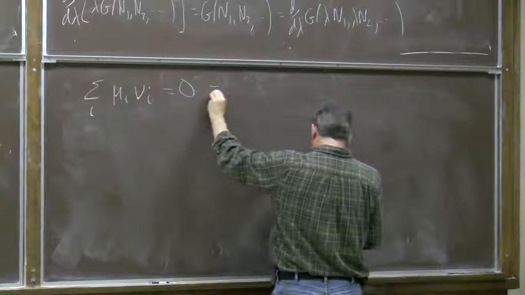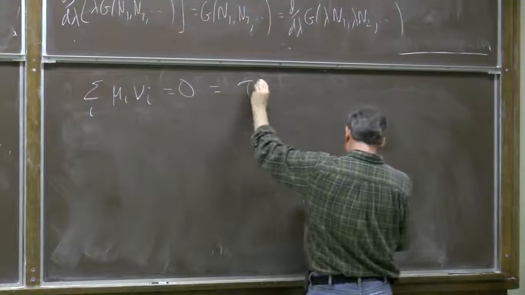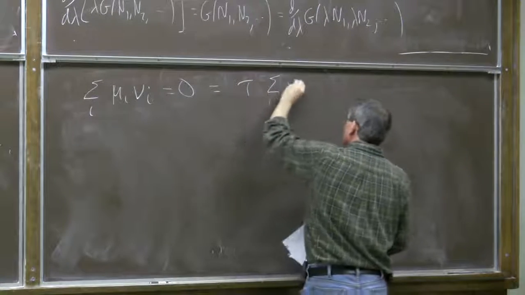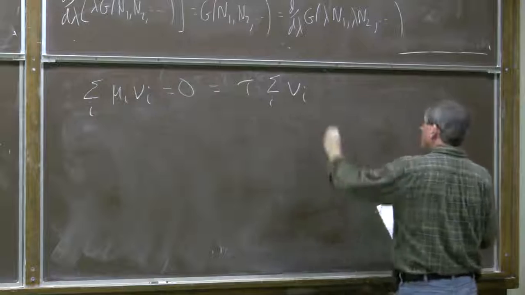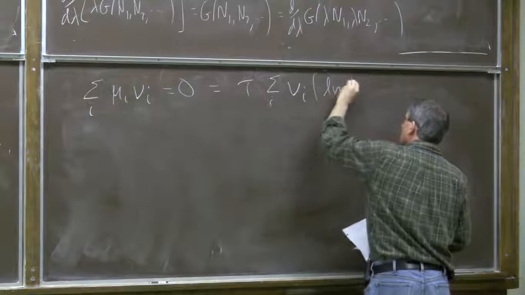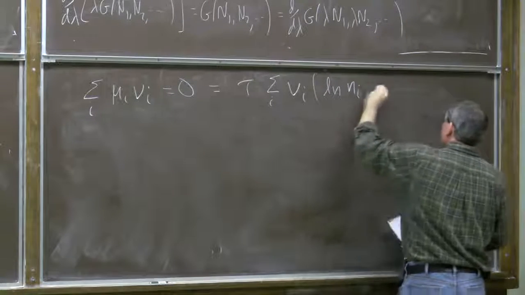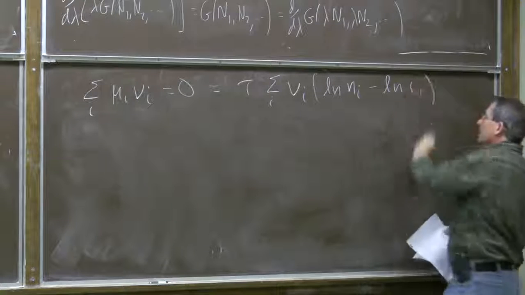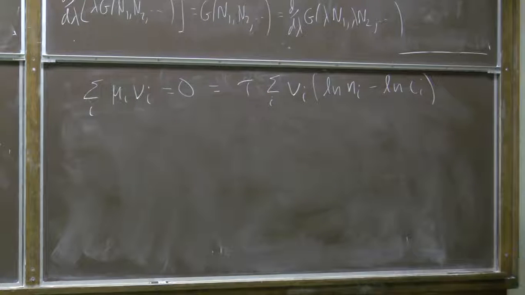So for our ideal gas case, that's the temperature times the sum of nu i, determined by the reaction in question, of log n_i minus log C_i, where n_i is the concentration of species i and C_i is some constant that depends on the species.